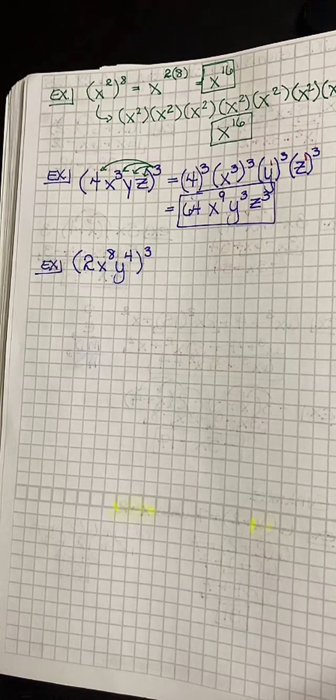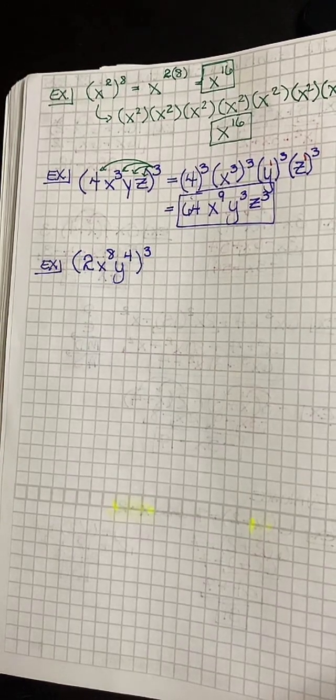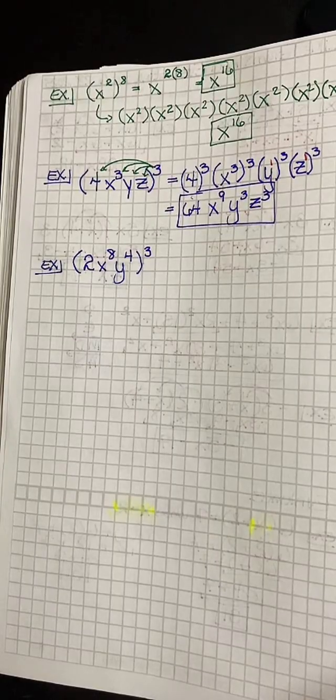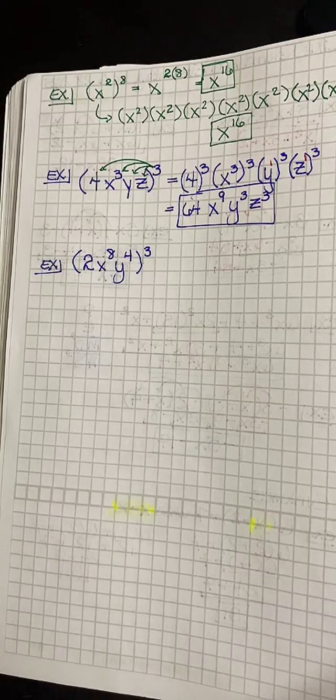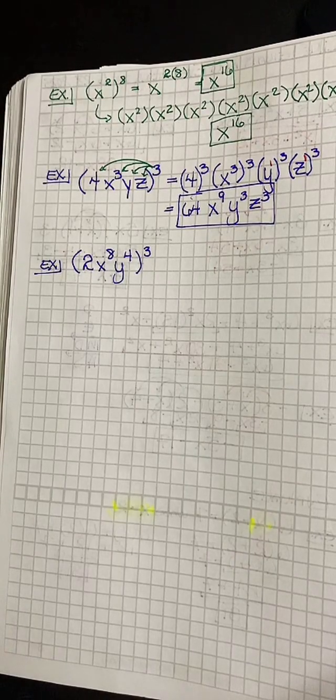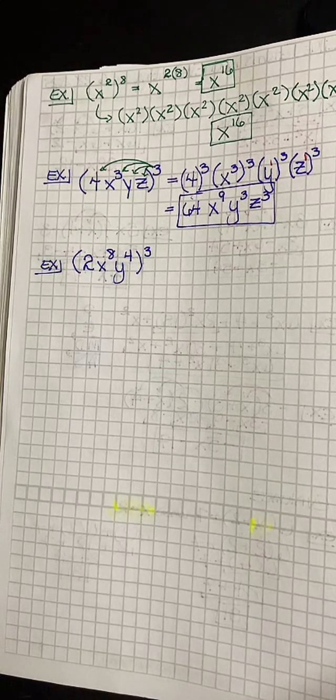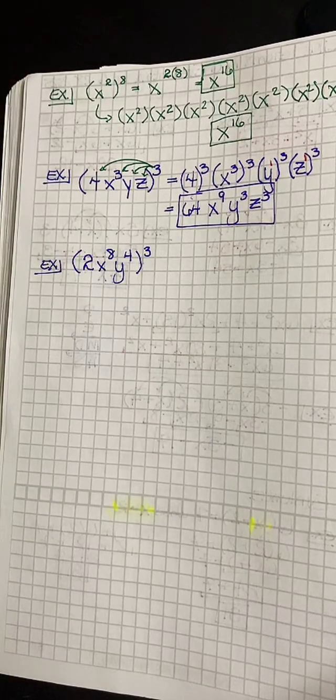Zena, Deb, Janice, and Michael are all saying 8x to the 24th, y to the 12th. Jordan, 8x. We're going to take a look at that.